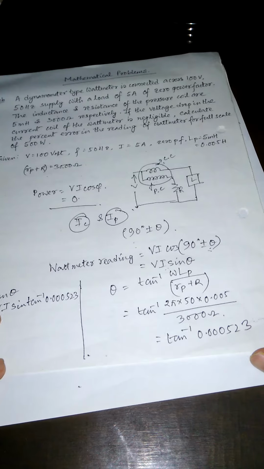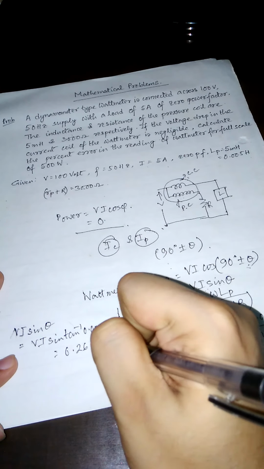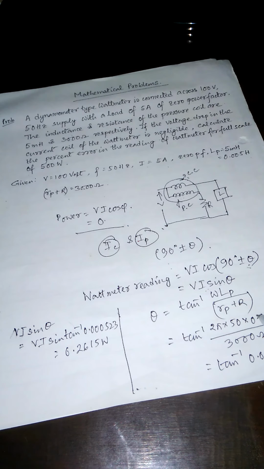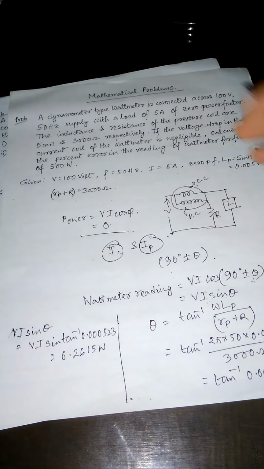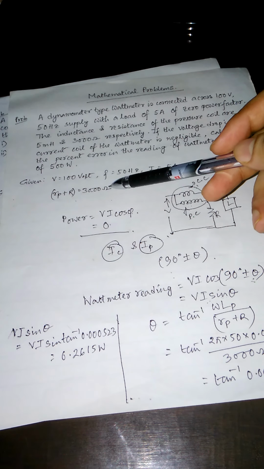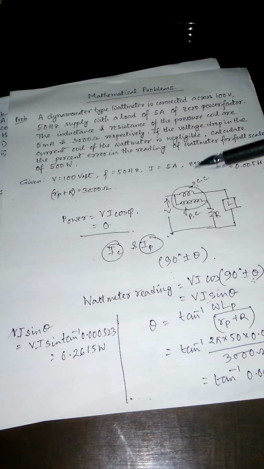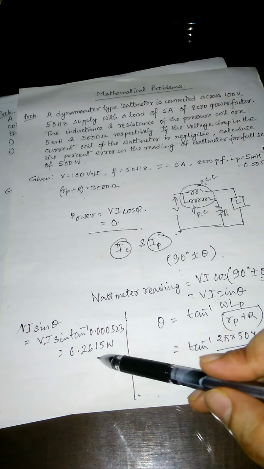If we do the calculation, that will be 0.2615 watt. So if my instrument is accurate, the value should be 0, because we said that it is a 0 power factor application, but we get the value as 0.2615 watt.